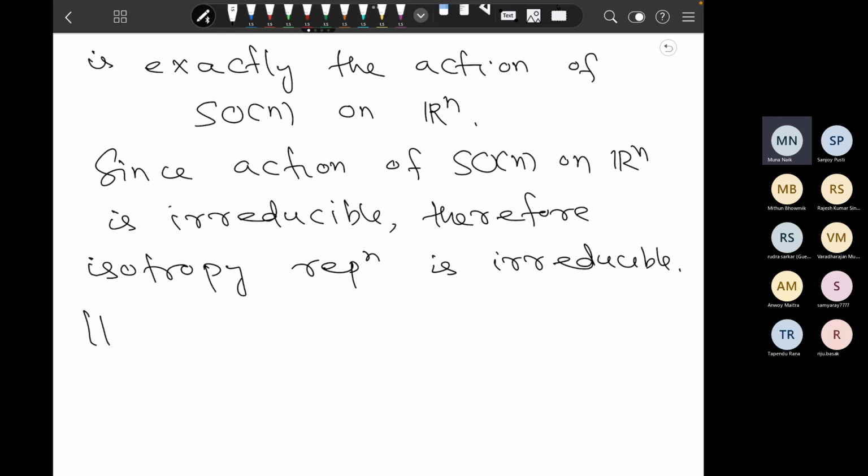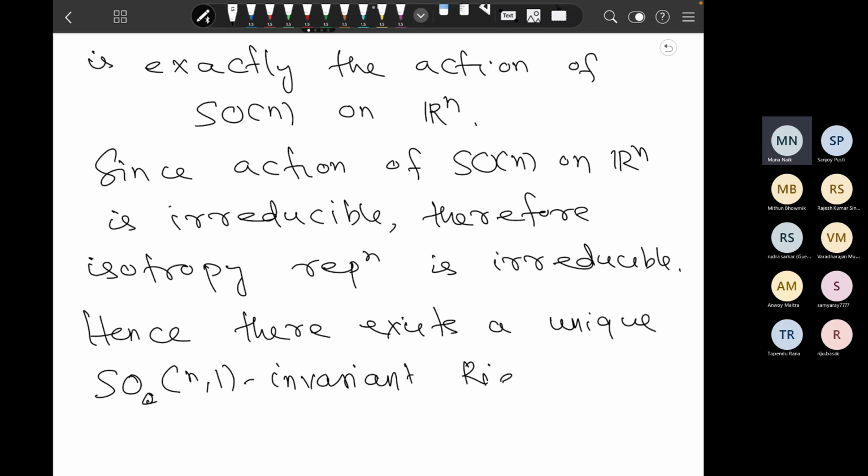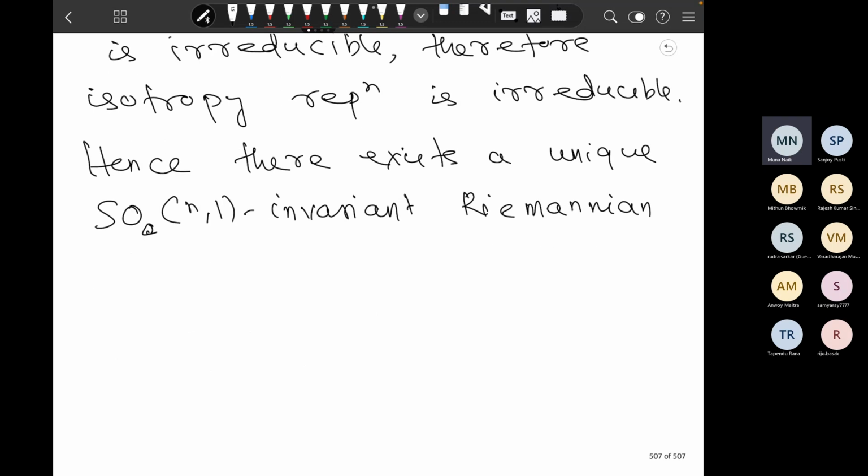Hence, there exists a unique SO_0(n,1)-invariant Riemannian metric on Hn, up to scalar multiple.